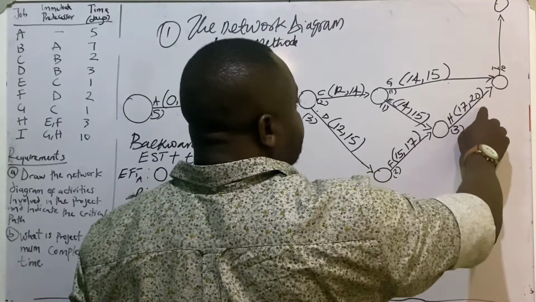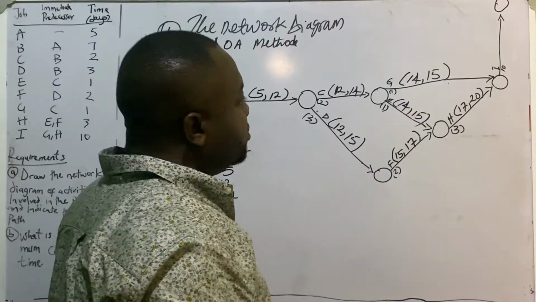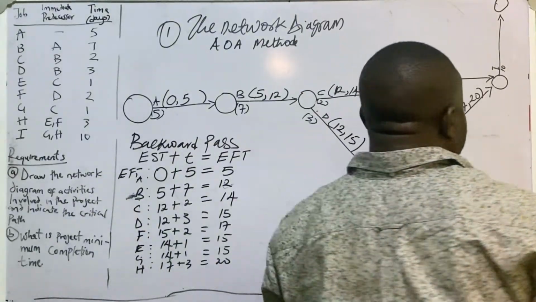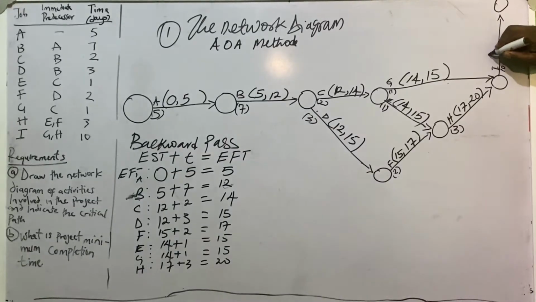I must wait for H to end its own dealings on the 20th day for it to start. So we're going to choose 20. This is 20 and the completion time is 10. So we have 20 plus 10, we have 30.